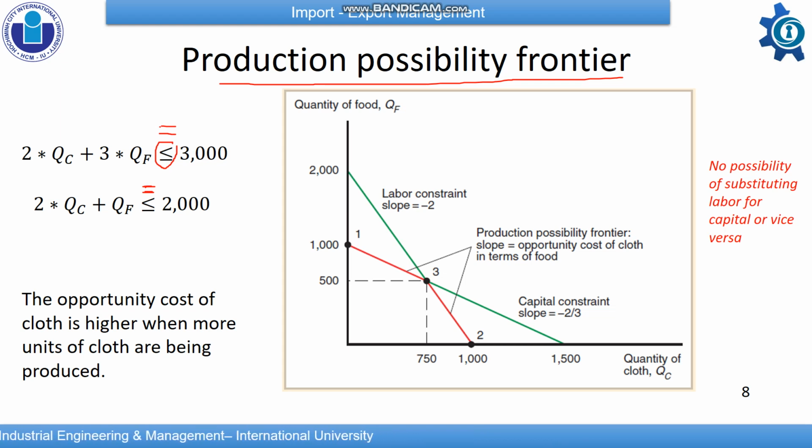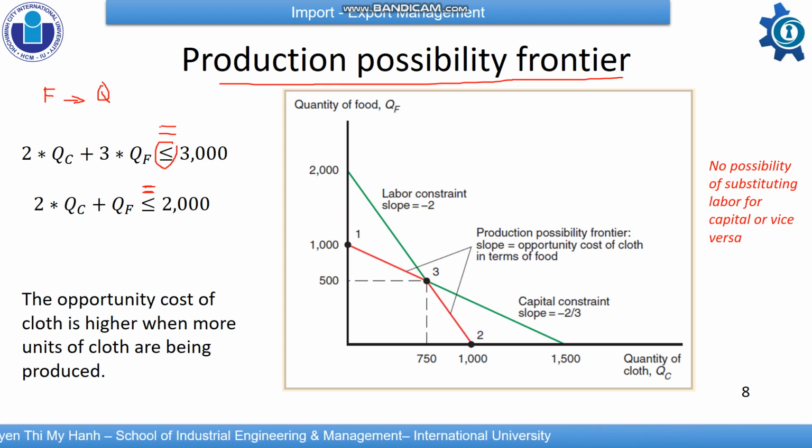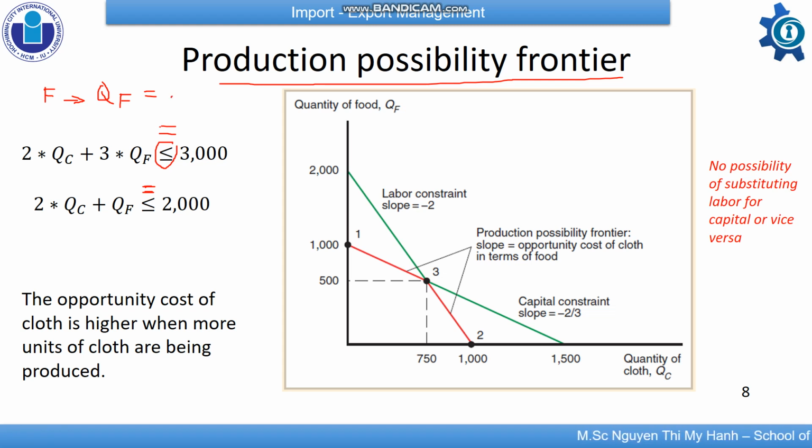So we will find, if they specialize in food, then the maximum calories of food they can produce, with QC equal to 0, if they specialize in food, right? So the maximum will be equal to 1000.